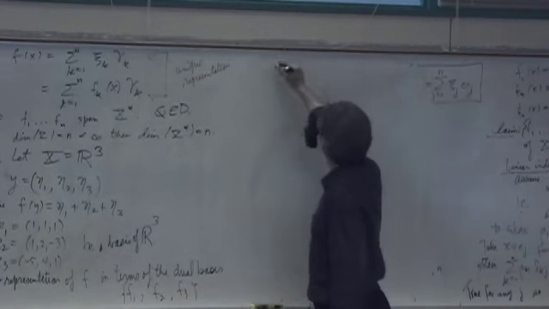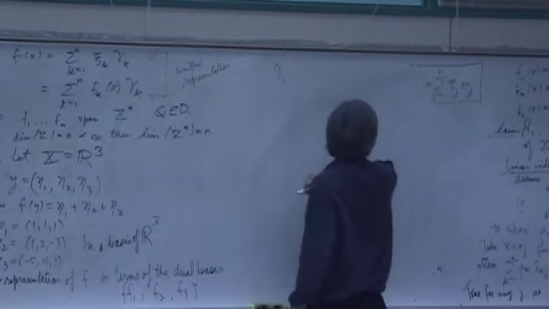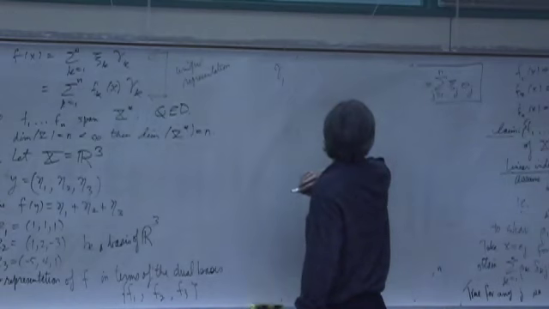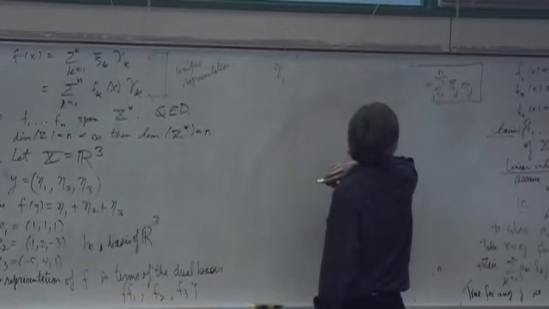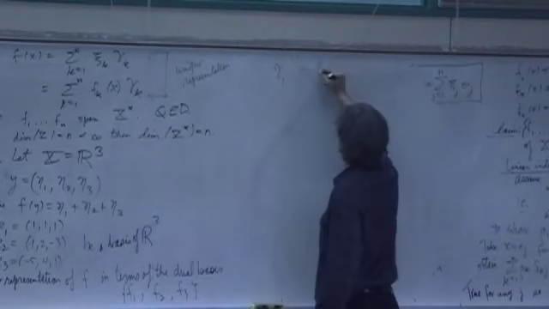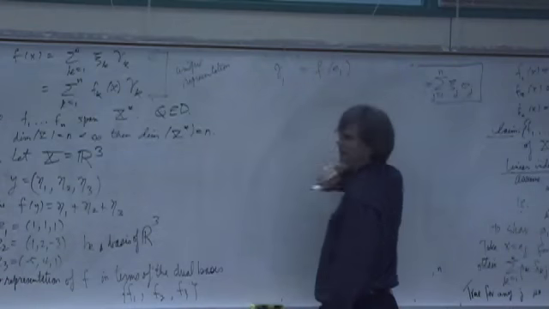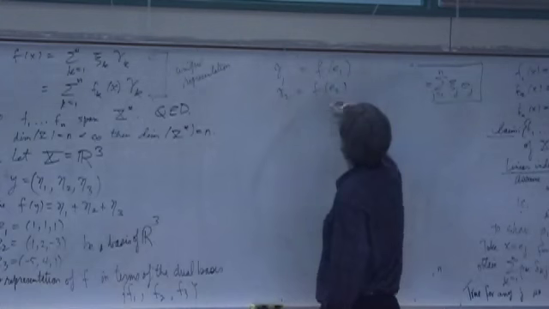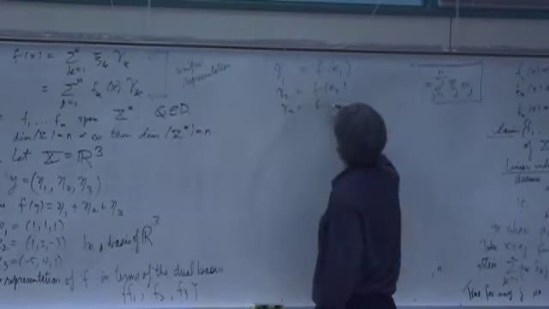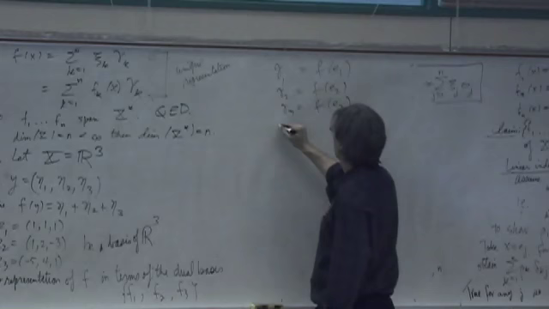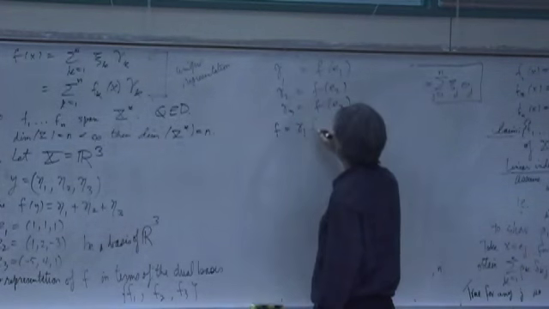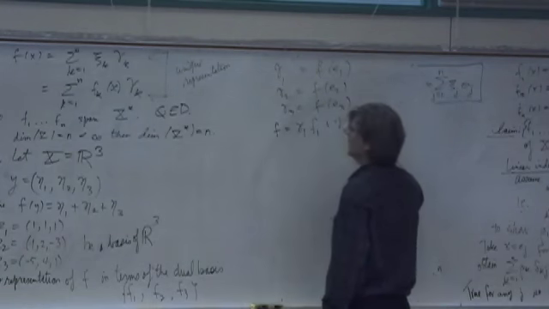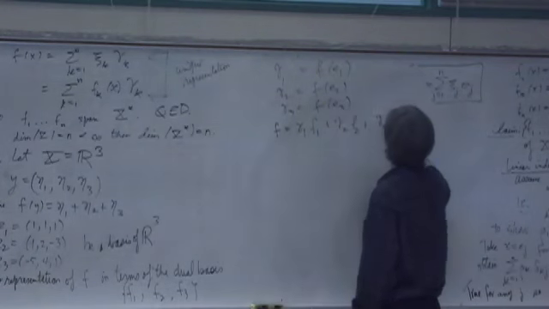Well, gamma 1 is just f of E1. Gamma 2 is f of E2, and gamma 3 is f of E3, and then I write f equals gamma 1 f1 plus gamma 2 f2 plus gamma 3 f3.